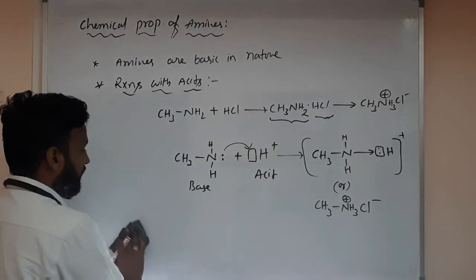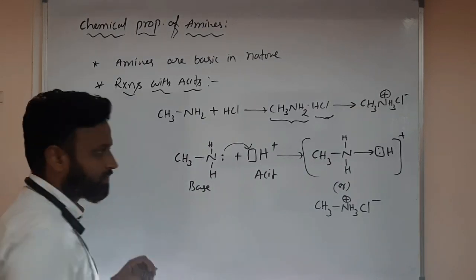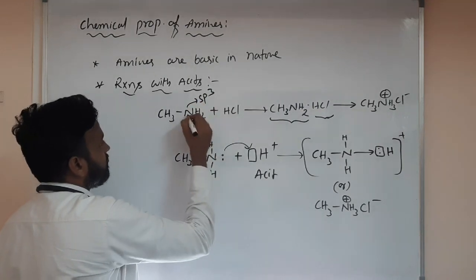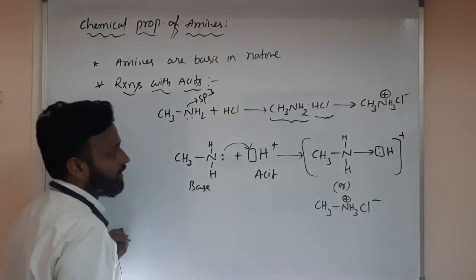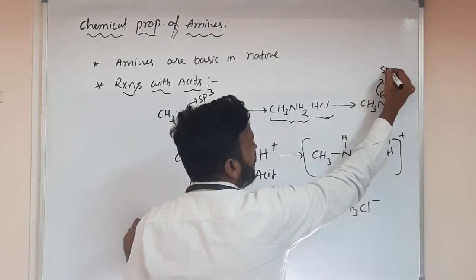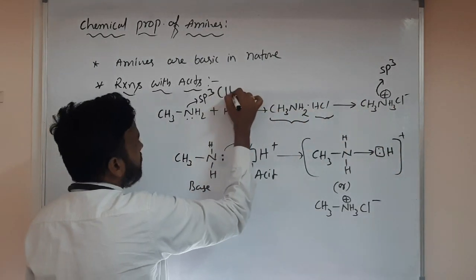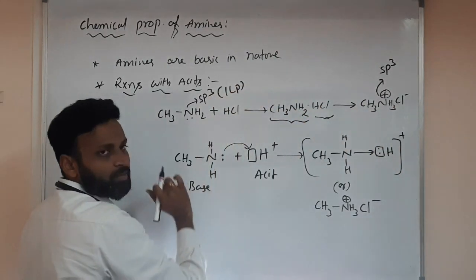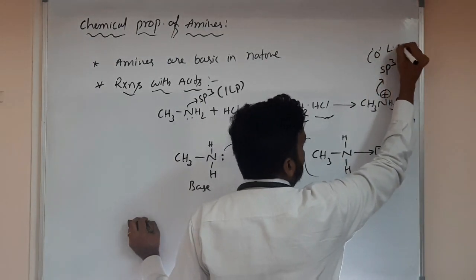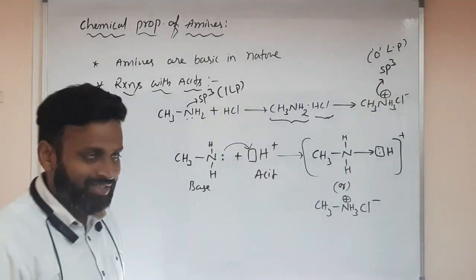Please note it down. Why I said this: they'll ask some kind of questions. Here the nitrogen hybridization is sp3, but a lone pair is there, so pyramidal. After reaction with acid, what is the hybridization? They can ask. It is sp3 itself. But sp3 with one lone pair means pyramidal shape, and here sp3 with no lone pair. That is the difference.